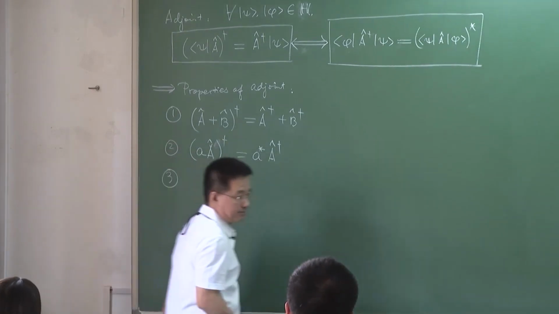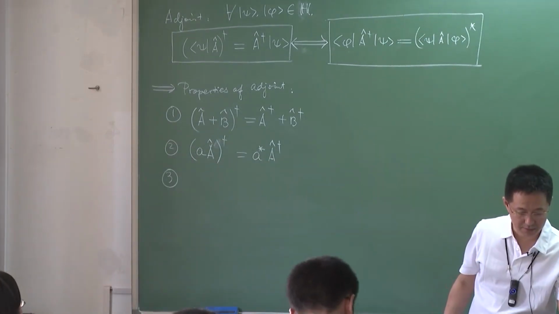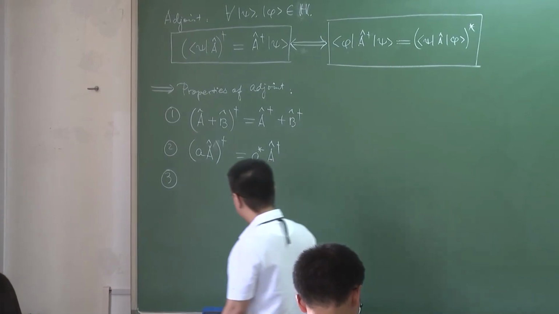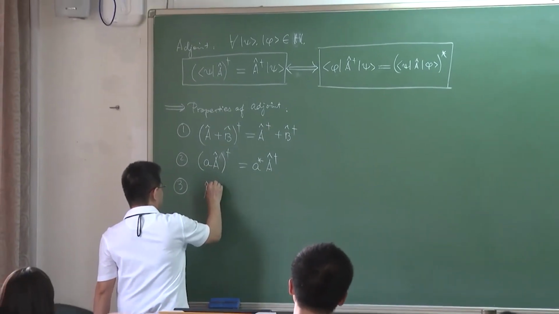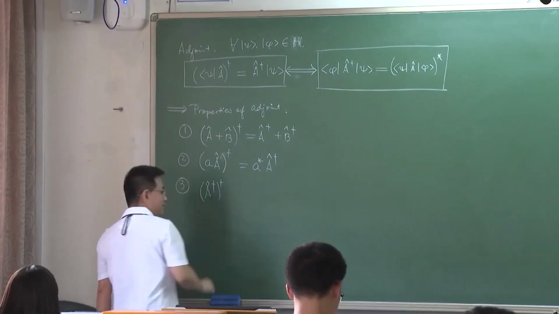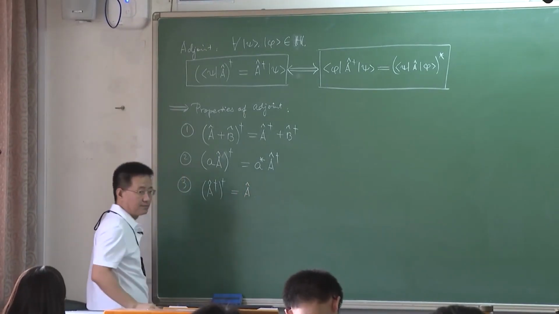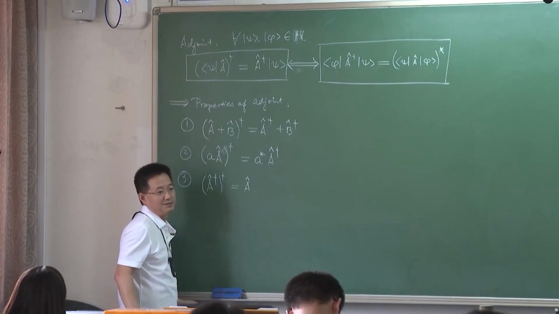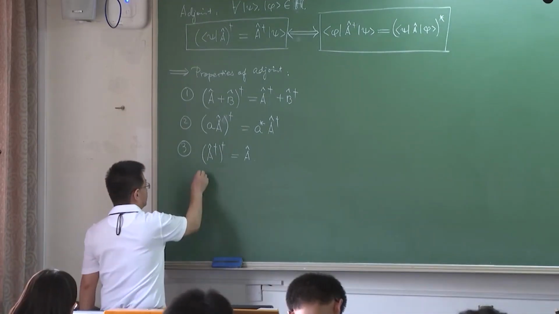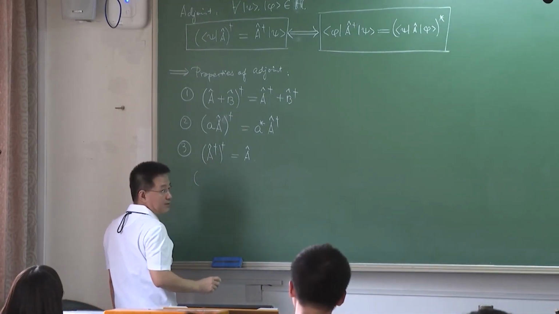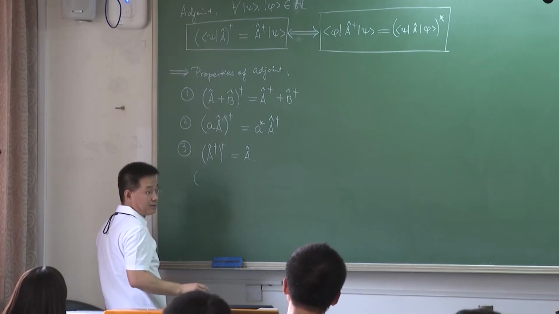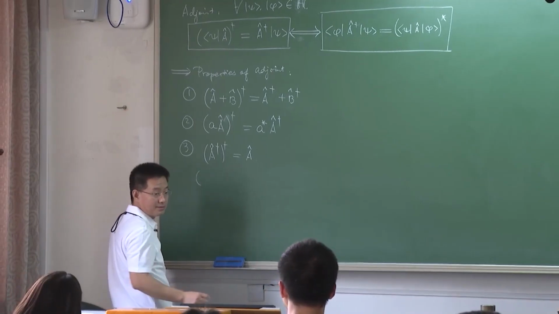And a very important property of the adjoint is that we have A dagger dagger. It's unchanged if you take the dagger twice. This is valid not only for the operator, but also for the state vector.